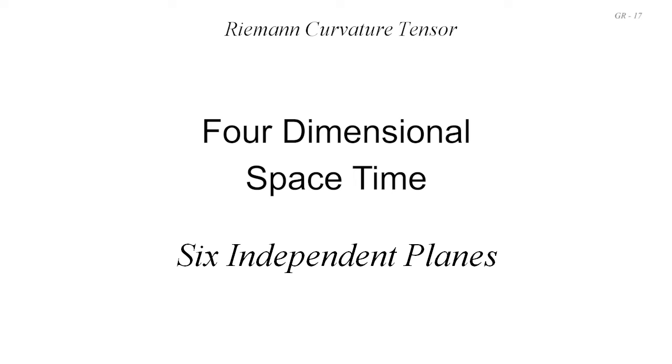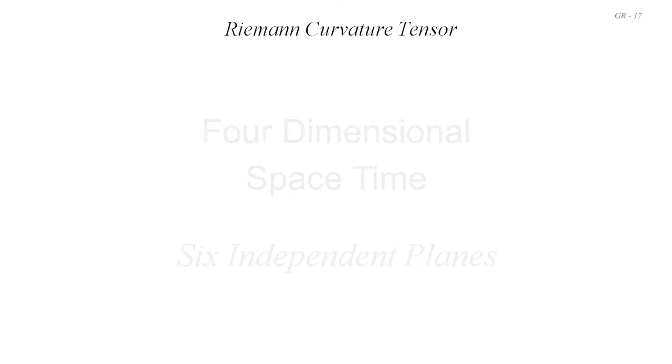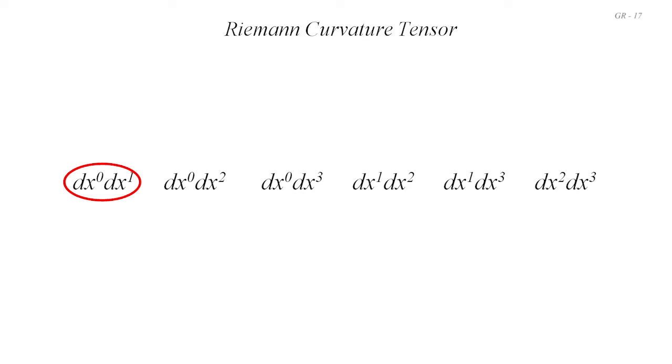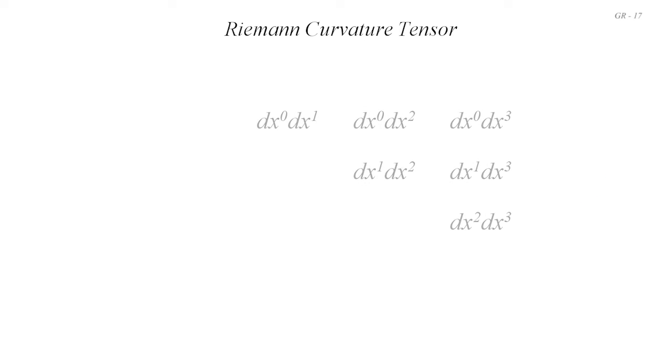Using the axes defined by the coordinate system, these 6 planes would be dx0, dx1, dx0, dx2, dx0, dx3, dx1, dx2, dx1, dx3 and dx2, dx3. Here they are arranged in what will hopefully be shown in a moment to be a more meaningful way.